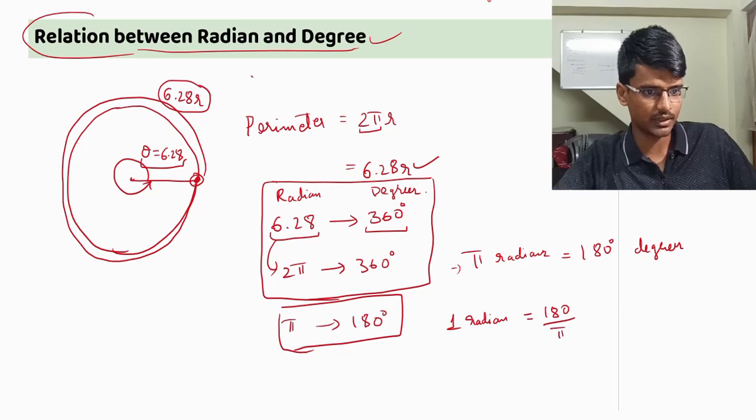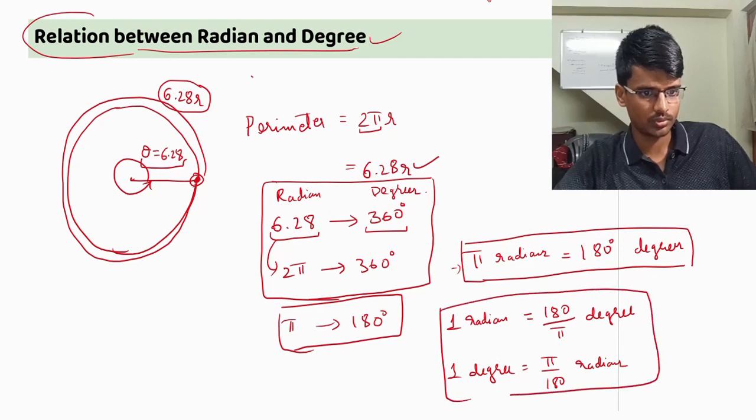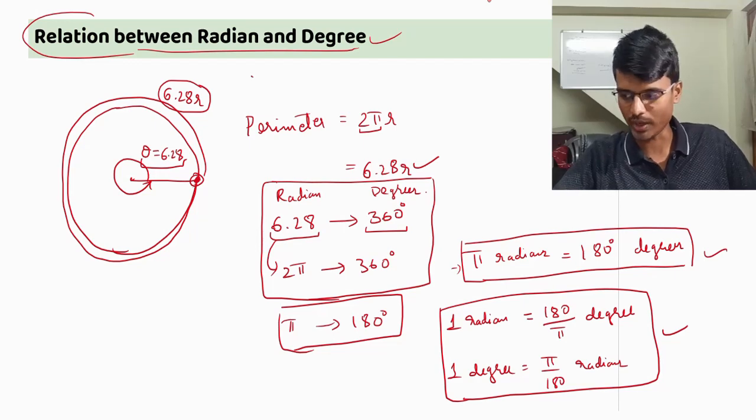If I divide this equation on both sides by 180, what do I get? 1 degree is equal to pi by 180 radians. These are the two things you need to remember: pi radians is equal to 180 degrees, 1 radian is equal to 180 by pi degrees, and 1 degree is equal to pi by 180 radians.